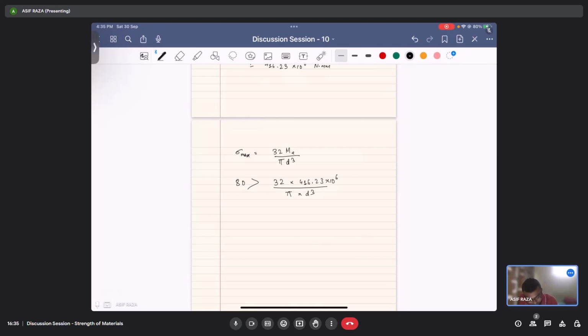So d cubed will be greater than or equal to 32 into 416.23 into 10 power 6 upon pi times 80, and this is equal to 52.99 into 10 power 6.